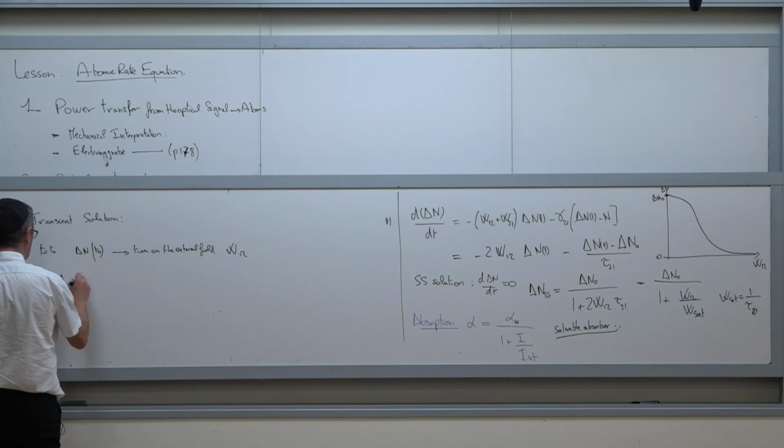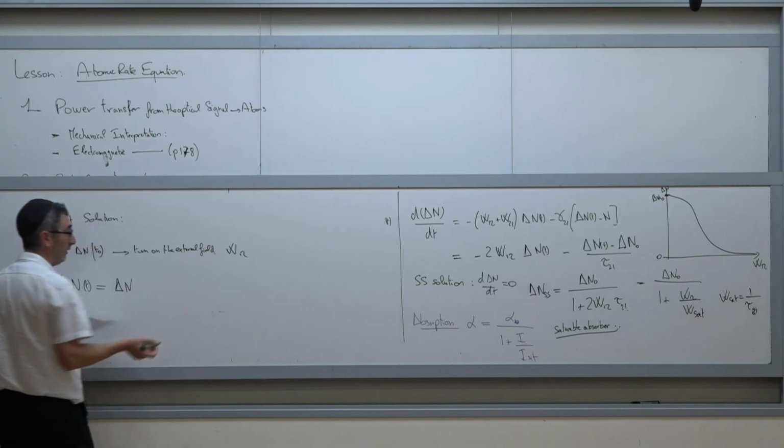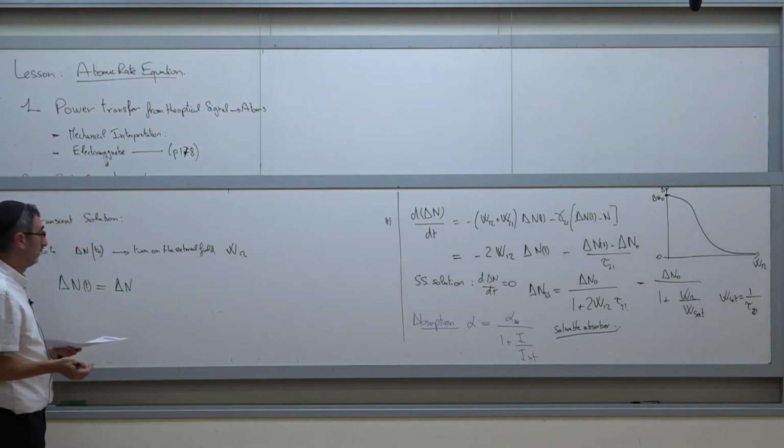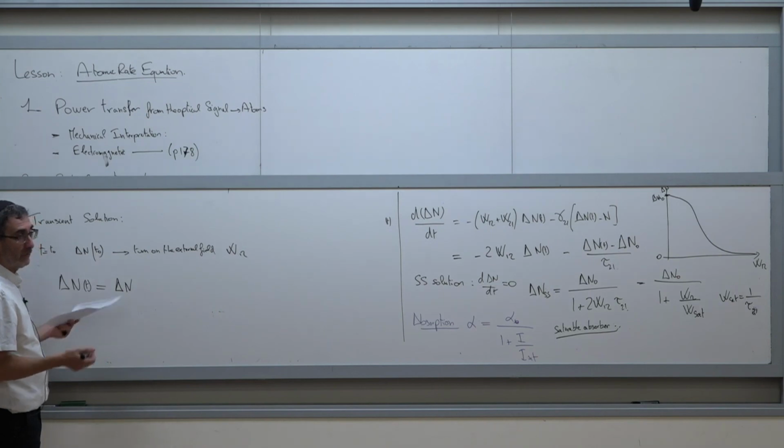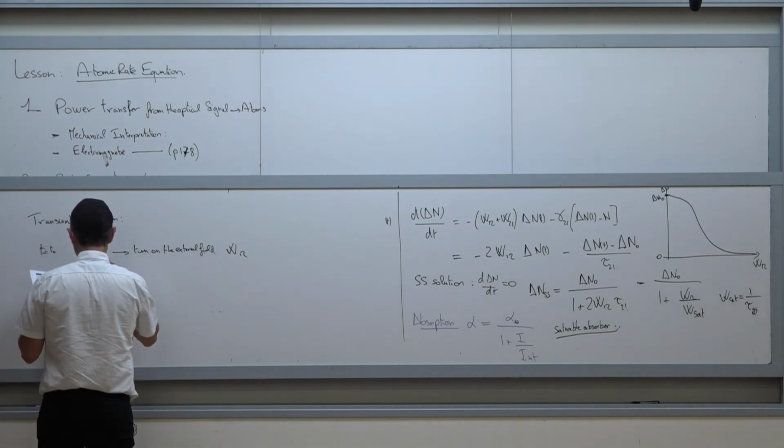Delta n of t will be equal to the steady state solution plus a particular solution of the complete equation.